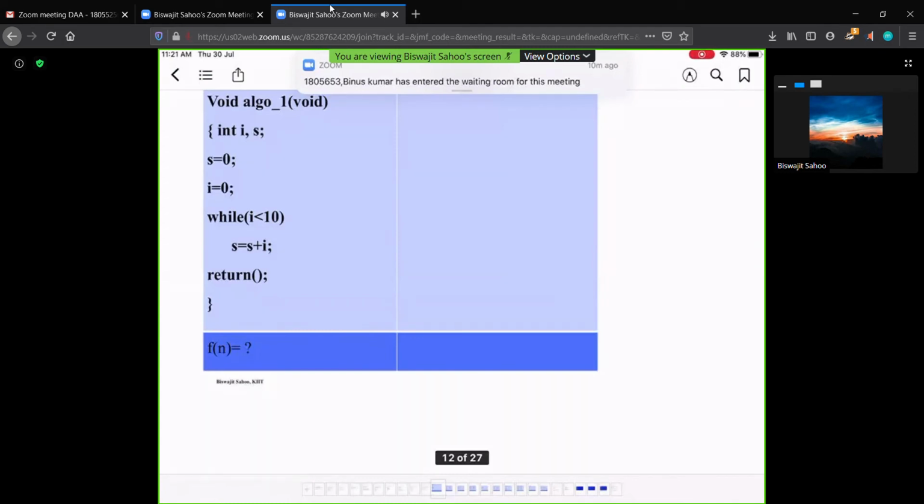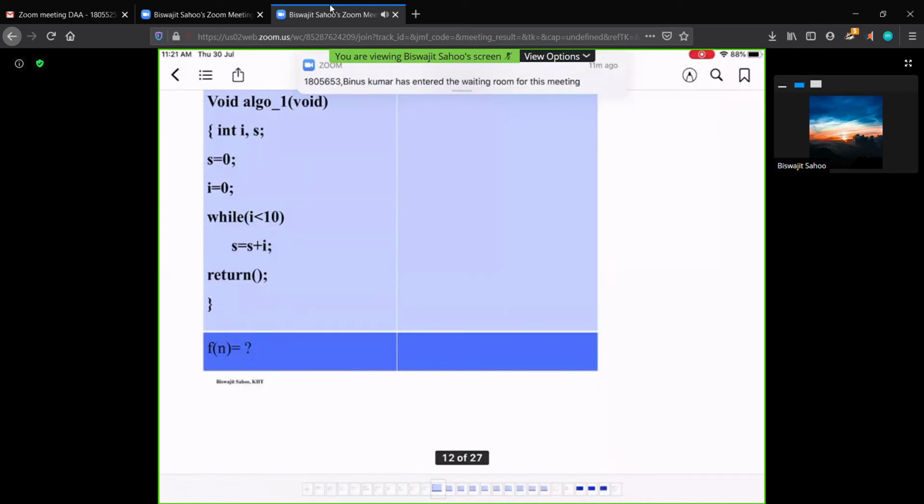Remember, non-executable statements will not be considered when we calculate the execution time. That is why their frequency count will not be considered.